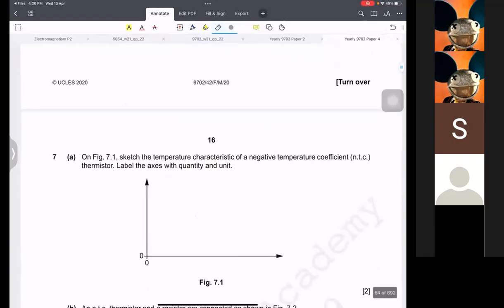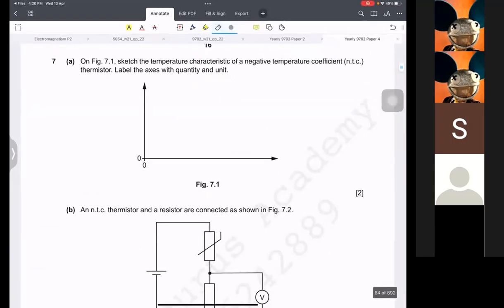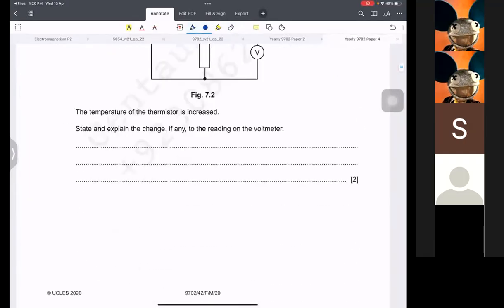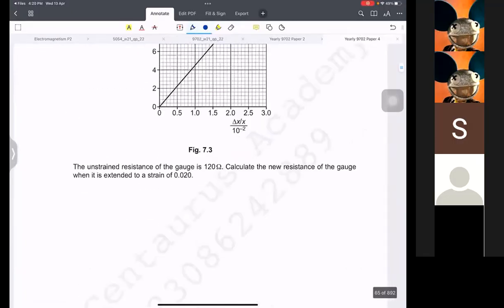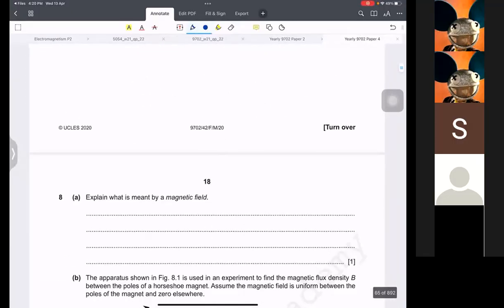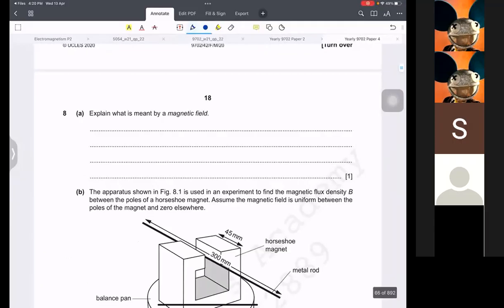Then next. On temperature characteristic. Oh, this is not there. Yes, में चला गया. Unfortunately, this was such a good chapter. Okay, explain what is meant by magnetic field. Magnetic field is a region where a moving charge feels a force.